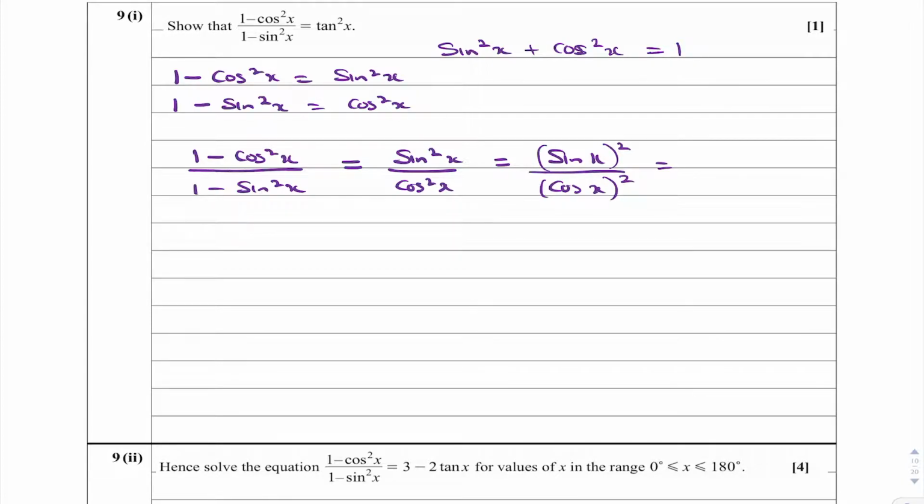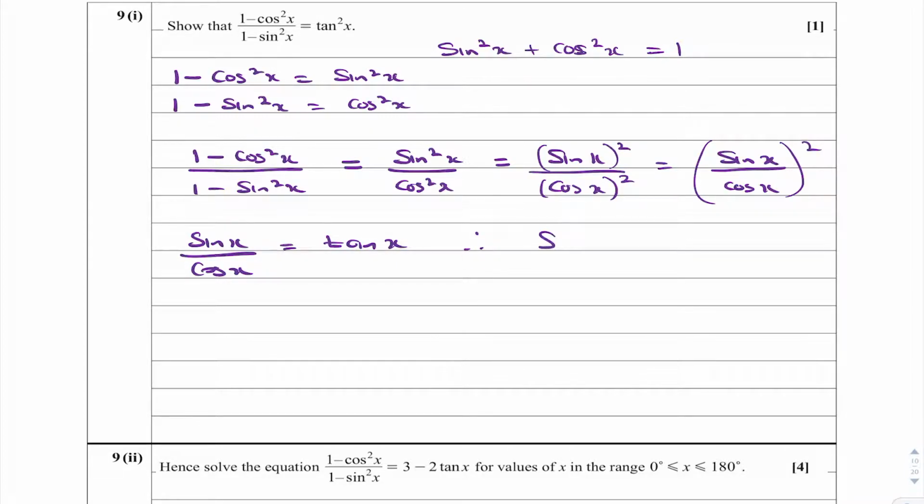So square is a common factor. That would be sine x over cos x all squared, but we know that sine x over cos x equals tan x.